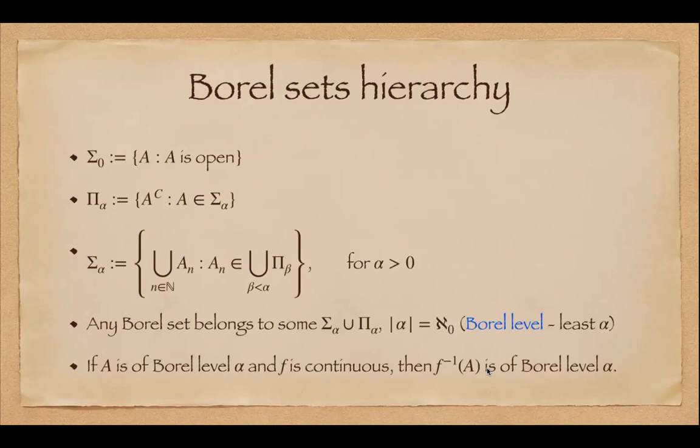And I'm just mentioning that if I take a continuous function, then the inverse image under that continuous function preserves the Borel level, or at least it does not increase the Borel level. So if A is of Borel level alpha, then f minus 1 of A is at most of Borel level alpha.